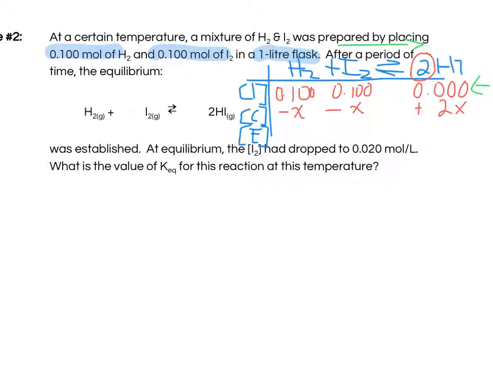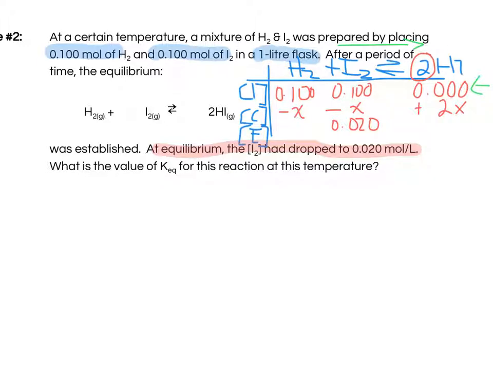Now the question itself has told me that at equilibrium, my I2 had dropped to 0.020 moles per liter. So I'm going to go ahead and substitute that in here. And I can also develop expressions for other reactants and products.